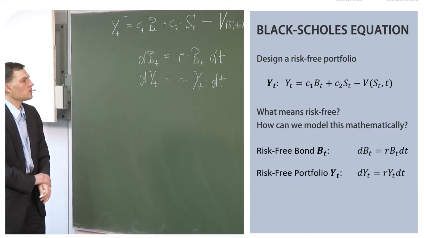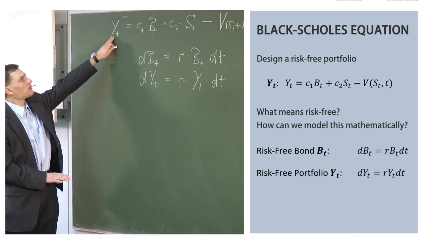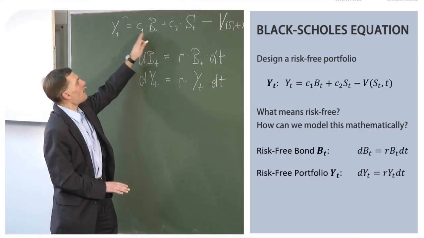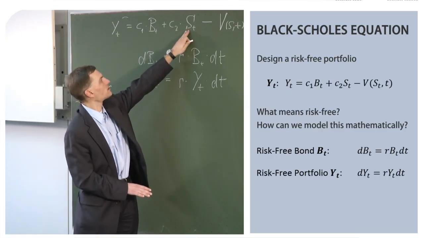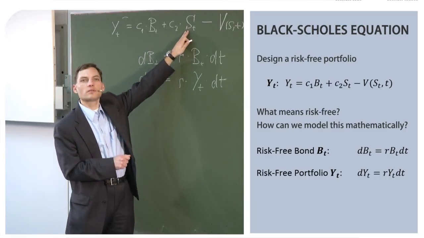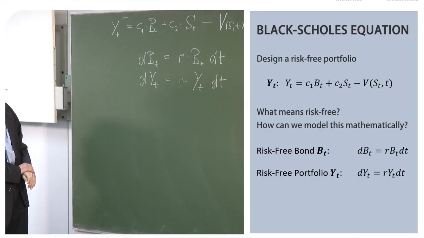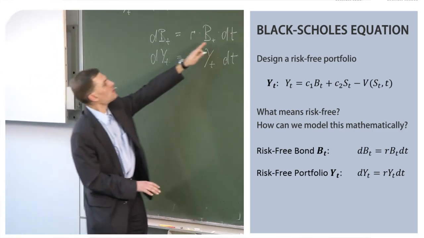And now what I show in the next step is that this portfolio is risk-free if I choose C1 and C2, the number of assets, bonds and stocks, in a very good way. Okay, how can I show you this? First of all, let's number these equations.